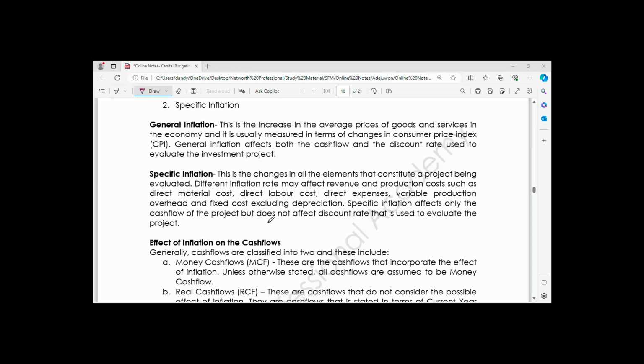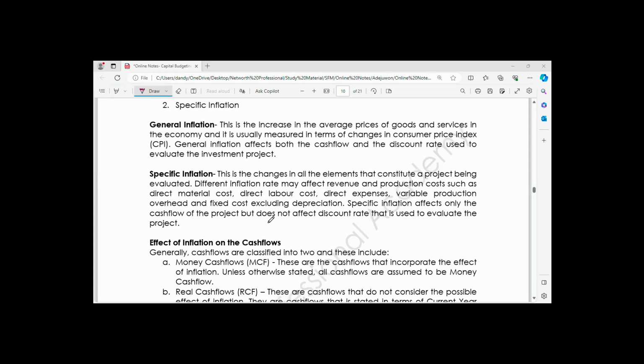Or possibly in the question you are told that variable cost in current value terms is 800 naira. Because the examiner has mentioned current value terms, it means that that cash flow is real cash flow.